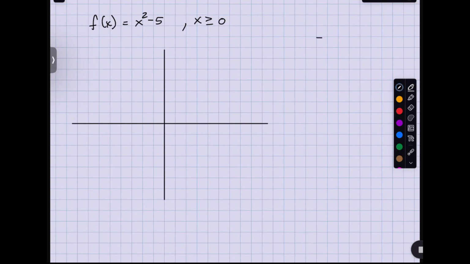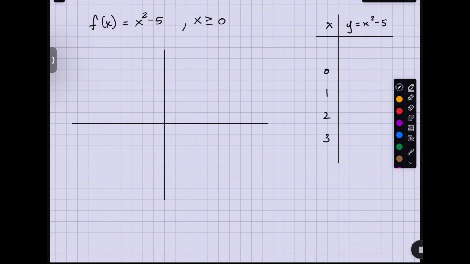All right, let's make a table. Give me some points. Can I pick -1?